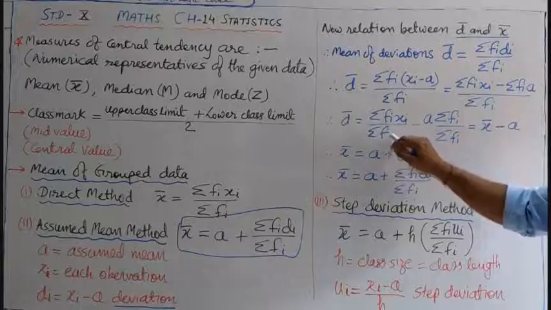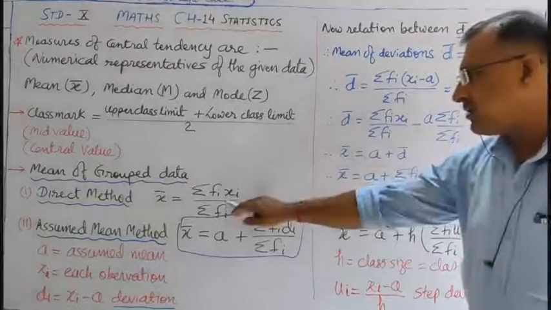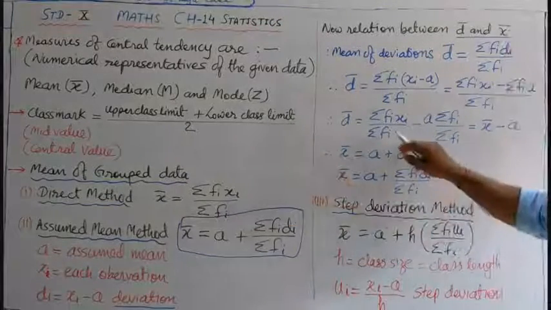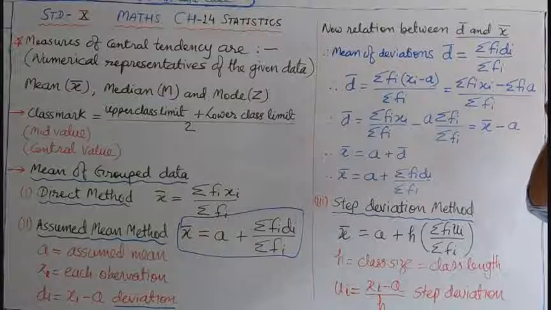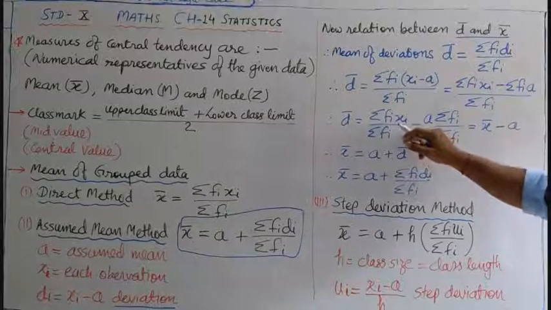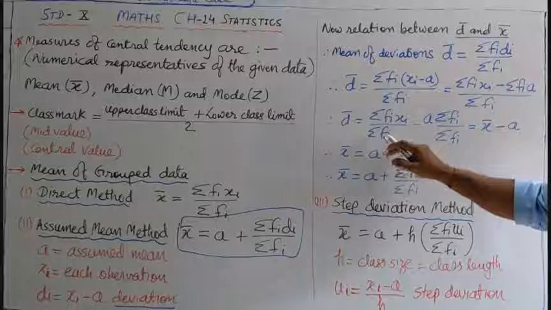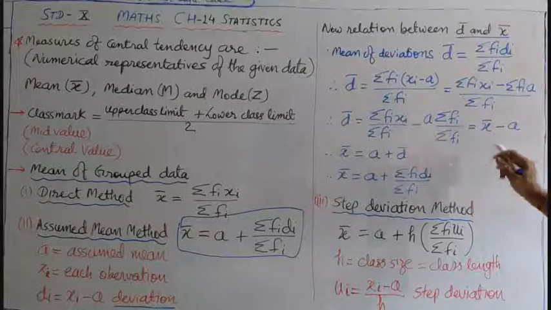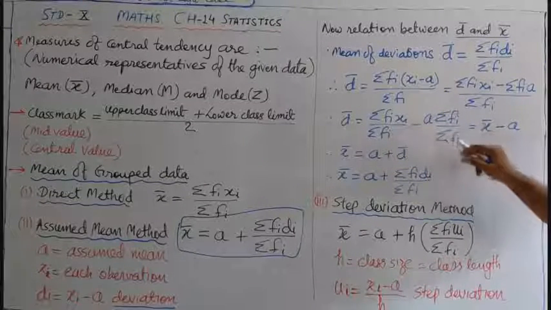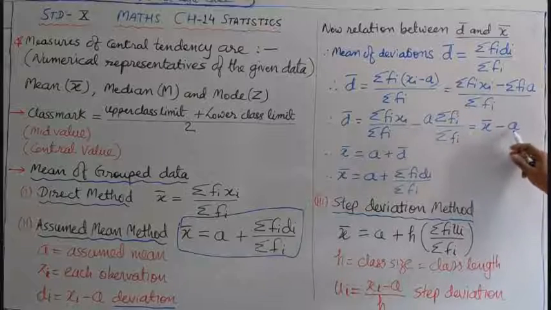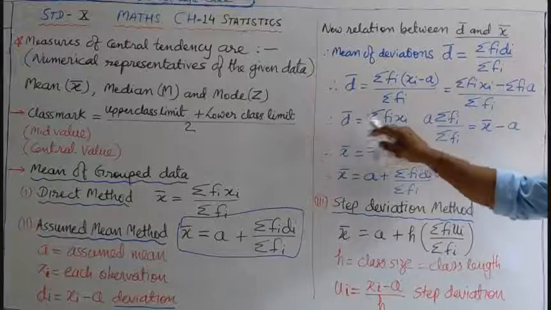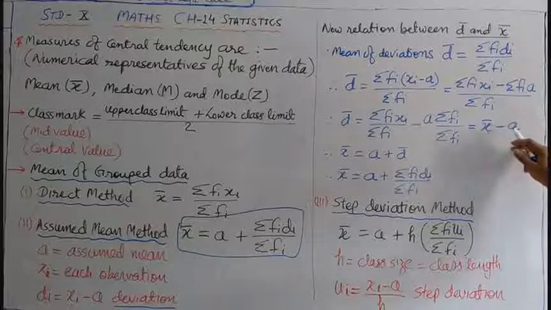So this is equal to what? Nothing but direct method. You can see sigma fi xi upon sigma fi, that is x bar, and here a multiplied by 1, that is minus a. So we got d bar is equal to x bar minus a.